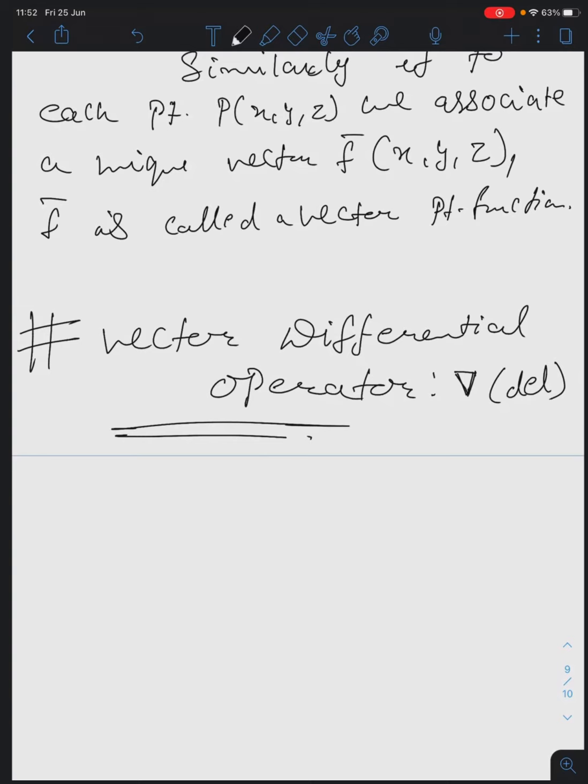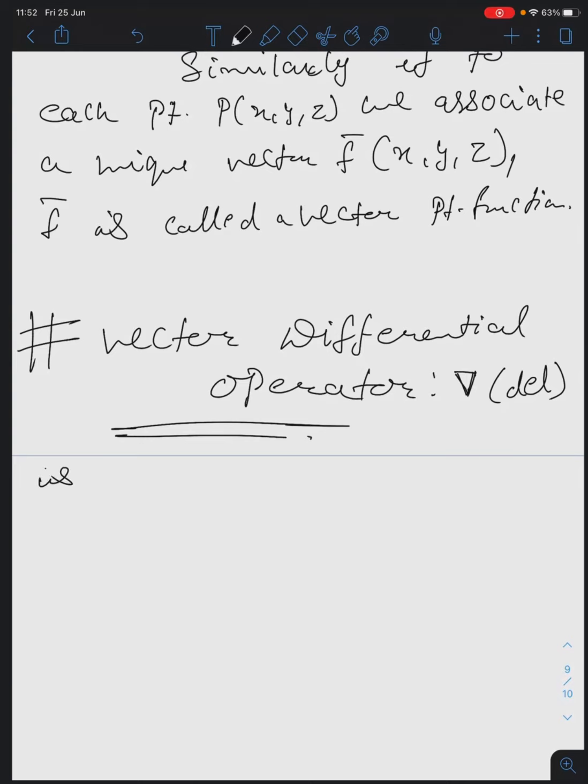No. I need to apply them on some function, on some numbers, then only it will have some meaning. Similarly, this operator also has no meaning by itself unless it operates on some function suitably. Got it?